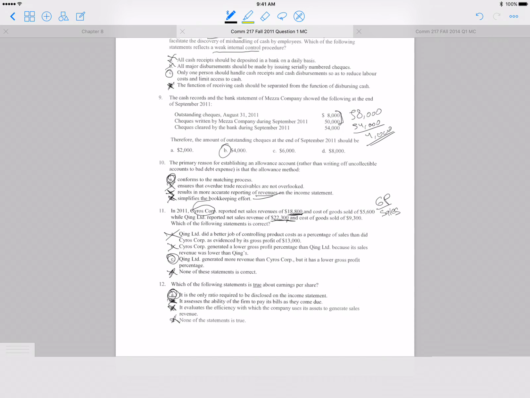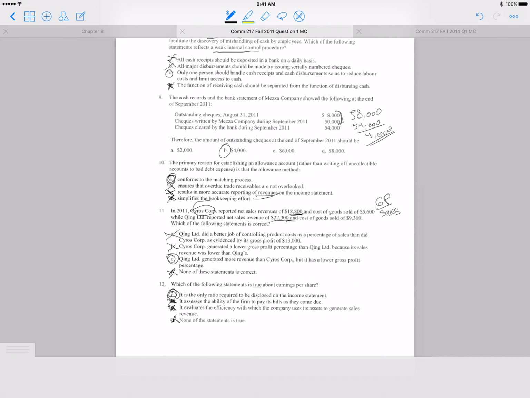Number 2 states that certain internally generated assets, such as a trademark, are not reported on a company's statement of financial position. This is also true because a trademark is very hard to assess its actual value, so accountants don't report it on its statement of financial position. But when you buy a company, it goes into the goodwill of it.